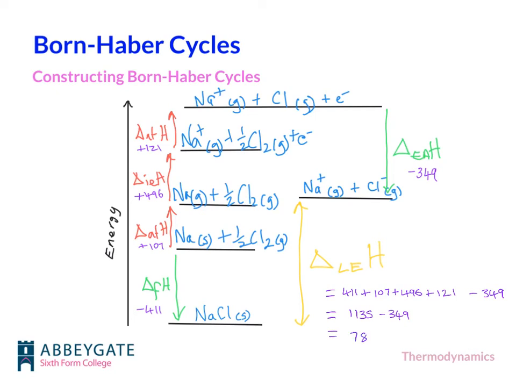If I take away the 349, then I'm left with 786, and that's kilojoules per mole. Now you do need to remember that if that is lattice enthalpy of formation, it's going to be negative. So it'll be minus 786, but if it's lattice enthalpy of dissociation, then it's going to be positive. So it's going to be plus 786. Okay, that's enough for now on Born-Haber cycles.